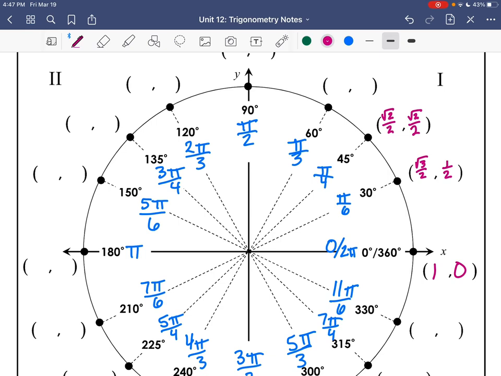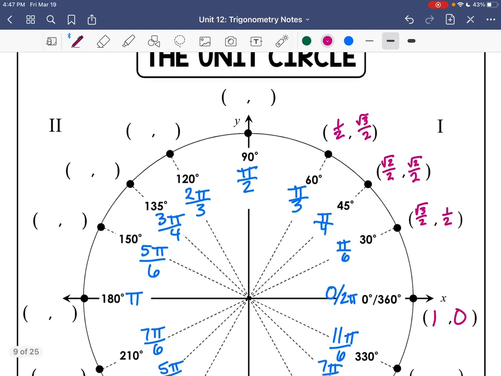For 60, it was the opposite of 30 because now those two numbers have interchanged. Now you're talking about short side versus long side instead of long side versus short side. Then the 90 was 0, 1. Should make sense. It should be the opposite of 0 degrees, 90 degrees.